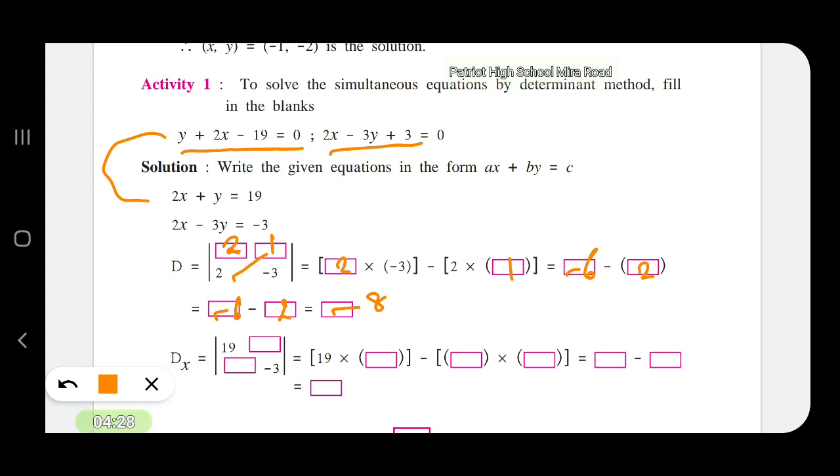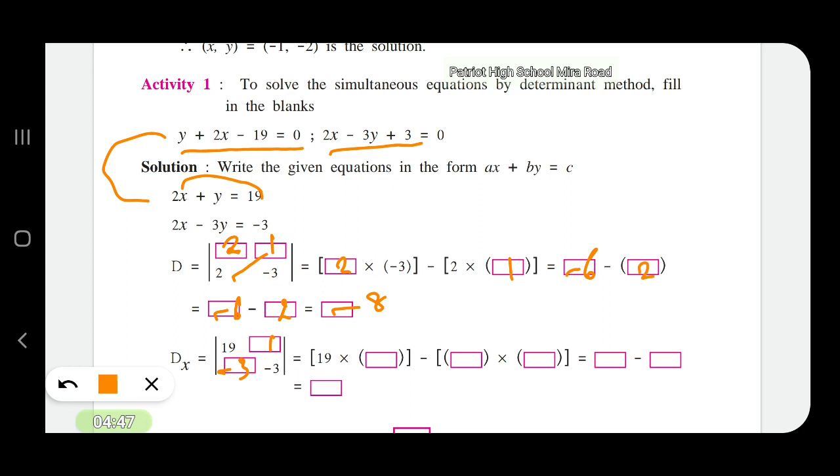Dx, we will substitute the first column with the third column. So the values of the third column will come here. So it will be 19 and minus 3, and the second column as it is, 1 and minus 3.